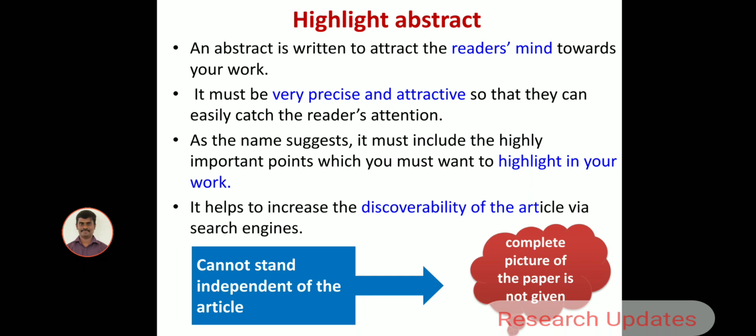And always remember, this highlight abstract cannot stand independent of the article. So it cannot stand alone, it is always linked with the article. And it won't give the complete picture of the paper. That is also one of the important things. It just gives an outline with the highlighted points. And that is also one of the drawbacks of your highlight abstract.